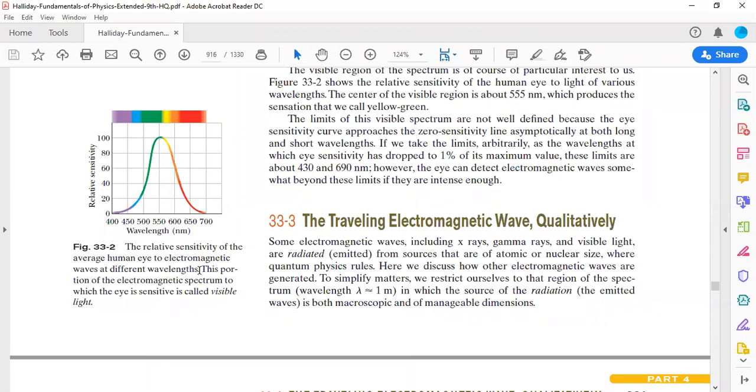So for our eye, the comfortable wavelength where sensitivity is maximum is the green wavelength, and then some part of the yellow, and towards the long end is the red wavelength, and red wavelength decreases visible sensitivity comprehensively.